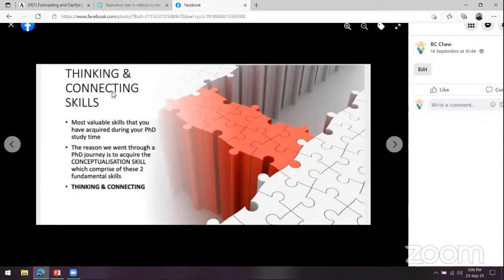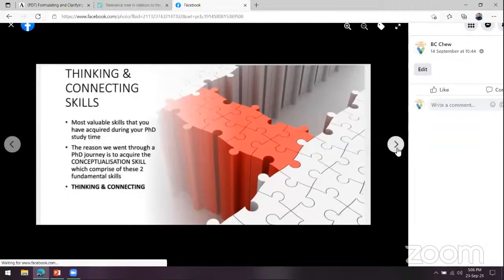So thinking and connecting skill is the most valuable skill that you have to acquire during your PhD study time. The reason is that it requires conceptualization skills, which comprise these two fundamentals: thinking and connecting. Hopefully this will be helpful for the PhD students out there.